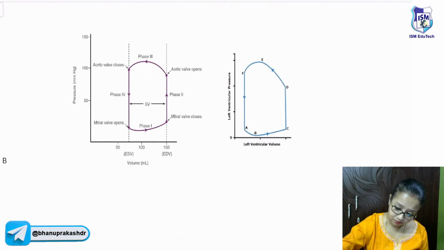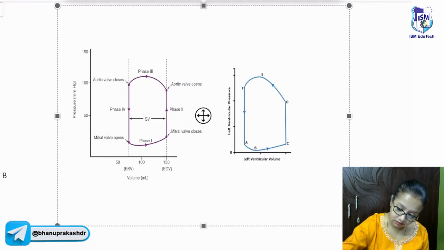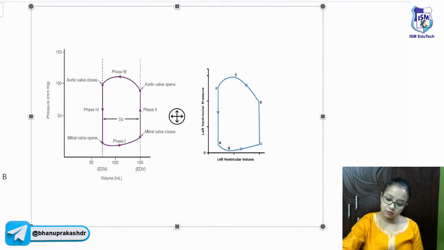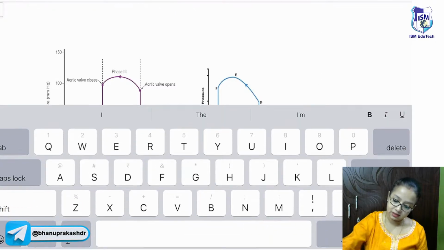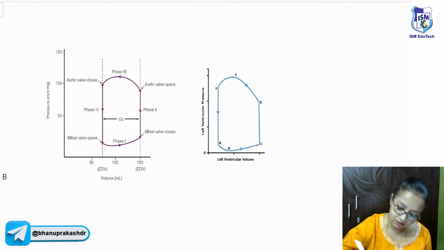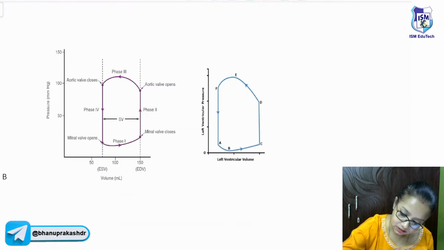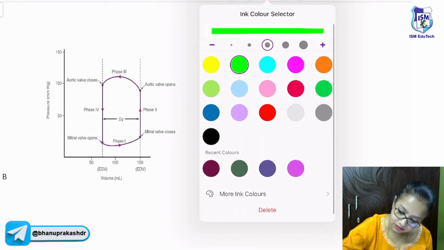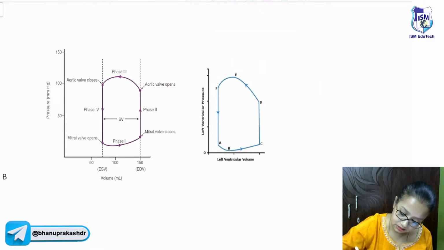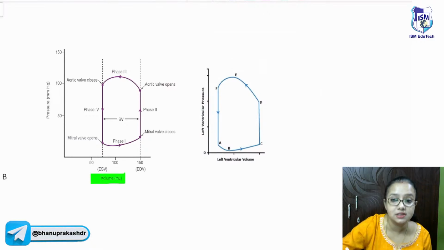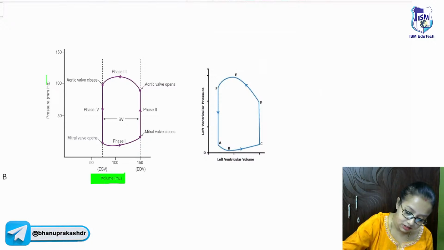So here, if we look at the left side, the rounded one, the x-axis designates the volume and the y-axis designates the pressure.